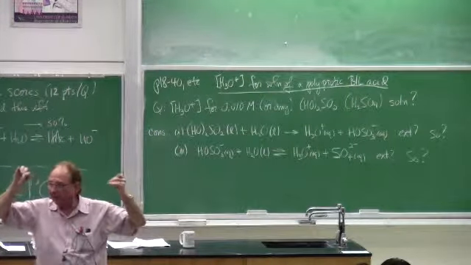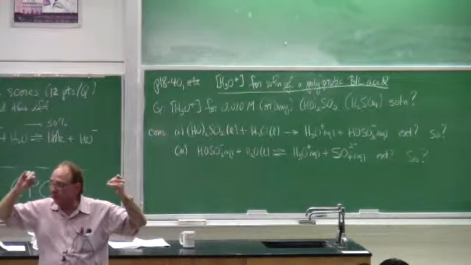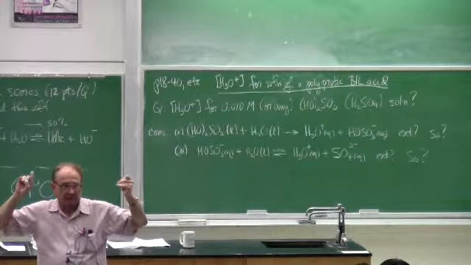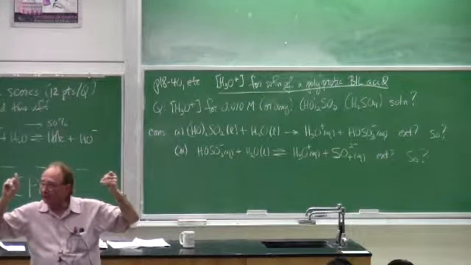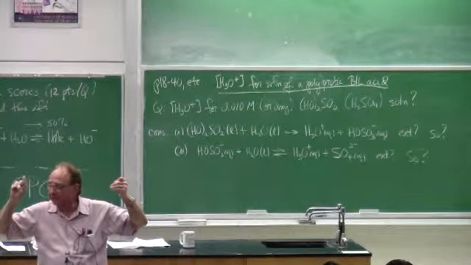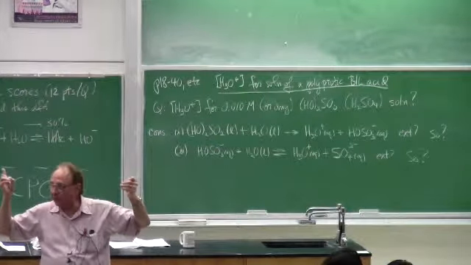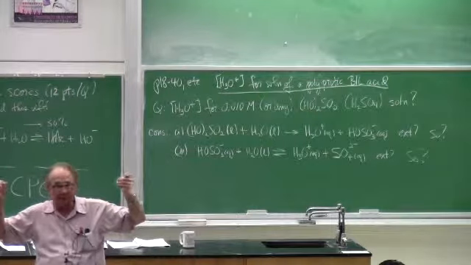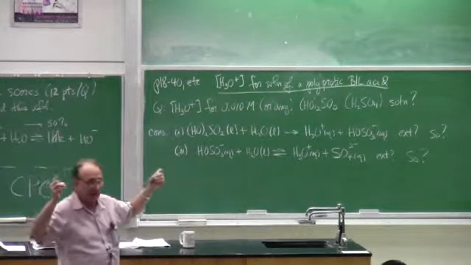Condensed formula HPO4 2 minus. Because when HPO4 2 minus loses one H plus, you got the phosphate ion. So in terms of poly, what kind of base is phosphate ion? It's a triprotic base. You can collect one H plus and become HPO4 2 minus, two H pluses become H2PO4 minus, or three H pluses and go all the way back to the parent phosphoric acid molecule.